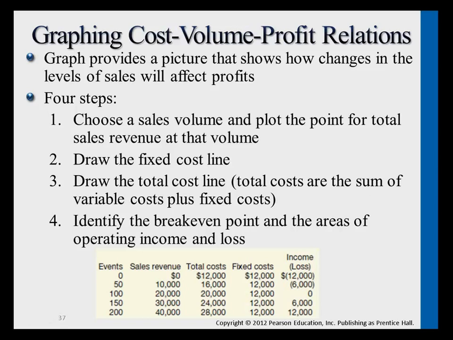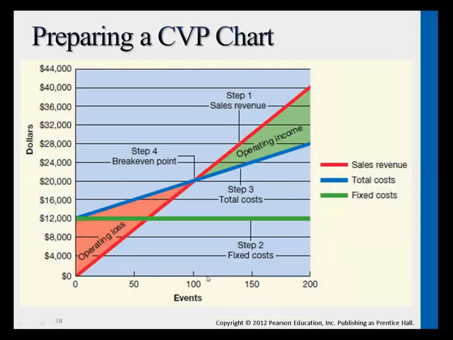Okay. So we said that at 200 events and $80 per event, we have a variable cost of 16,000. Right? Let's look first here before we go back. So my 16,000 plus 12,000 is 28.